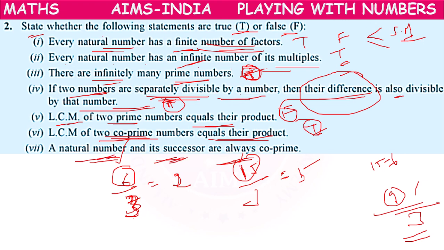If you take any number, like 81 and 82, or 5 and 6, or 21 and 22, what is common? Only 1 is common between two successive numbers. One is an odd number, one is an even number. An even number is divisible by 2, an odd number is not divisible by 2. So they are divisible only by 1, not by 2. If one is divisible by 3, the other is not. So a natural number and its successor are always co-prime. True.